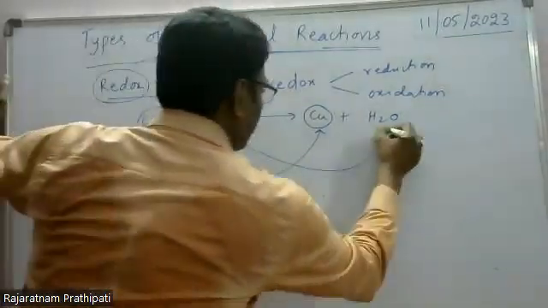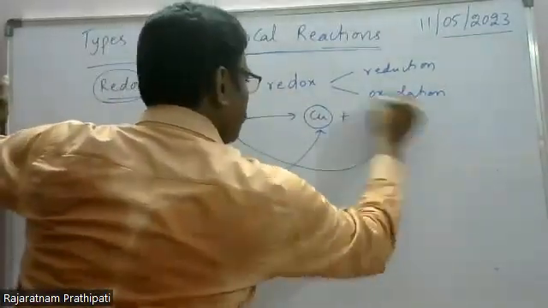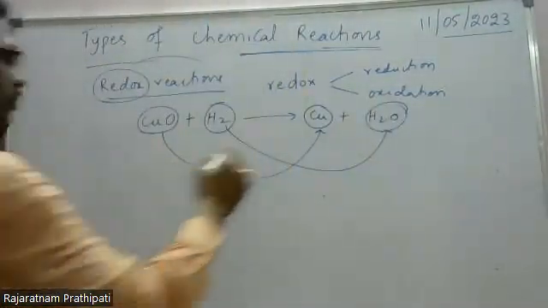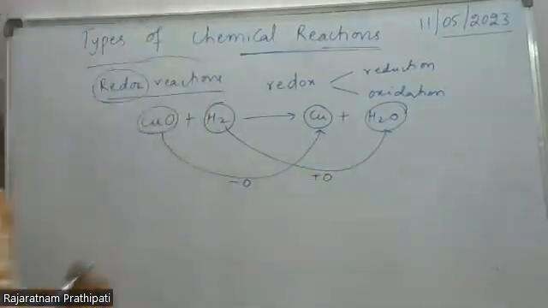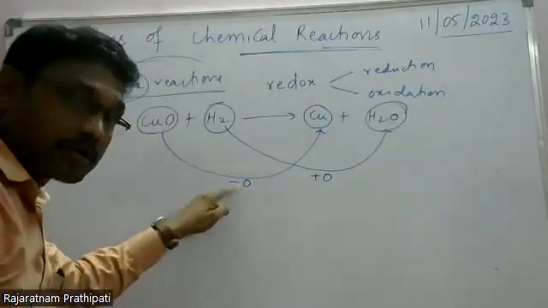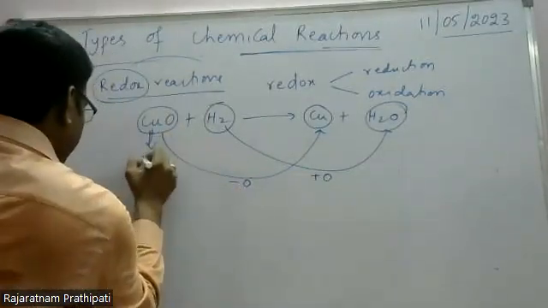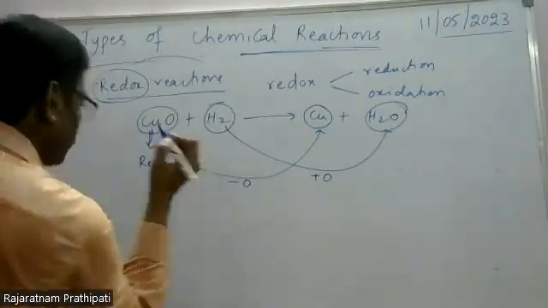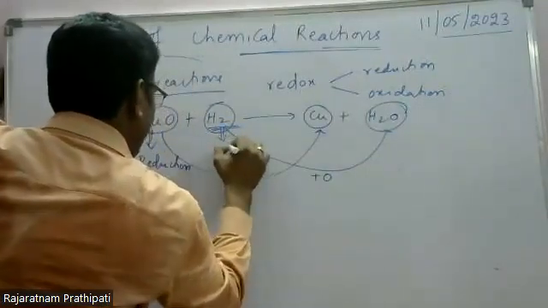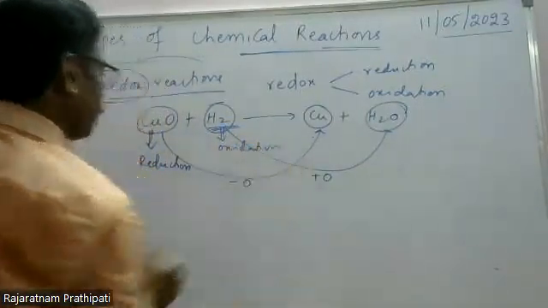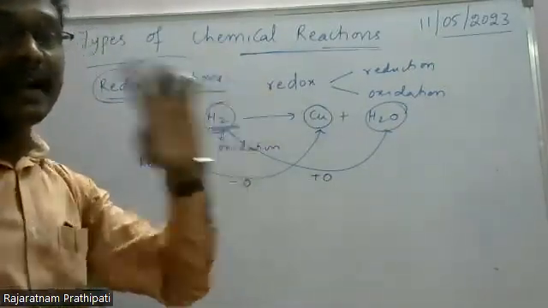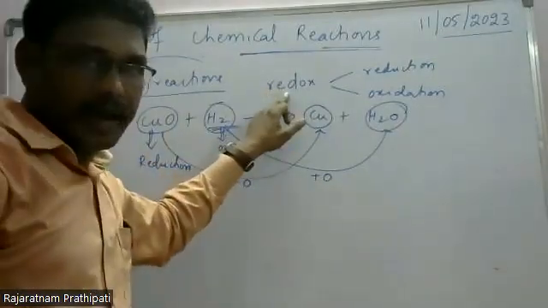Hydrogen is converted to water, H2 to H2O. What happened to hydrogen during this conversion? Oxygen is added. Removal of oxygen is called reduction. Addition of oxygen is oxidation. So a redox reaction is a single reaction, not different reactions.